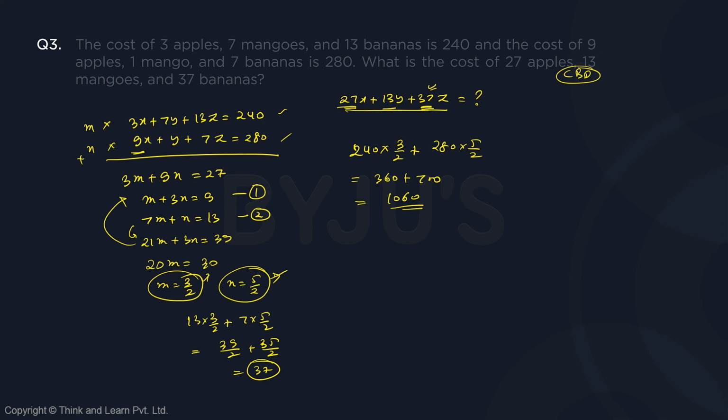Clear? This is the standard approach. Now, what is the shortcut? Two cases. One case, it's a data question. In a data question, generally CBD is not the answer, because you cannot put CBD in a data question, isn't it?